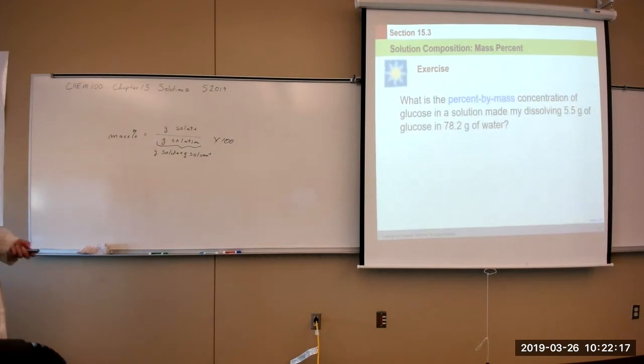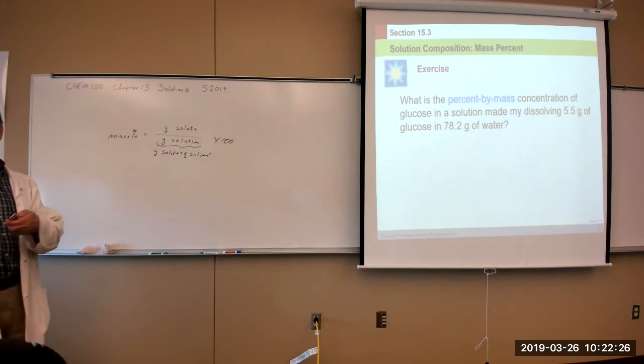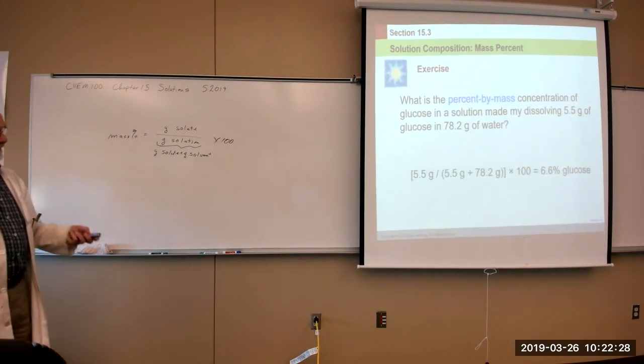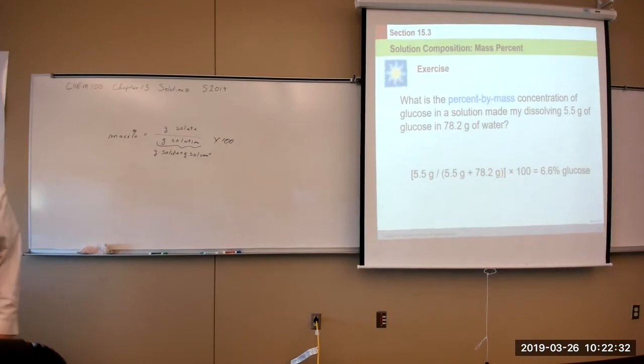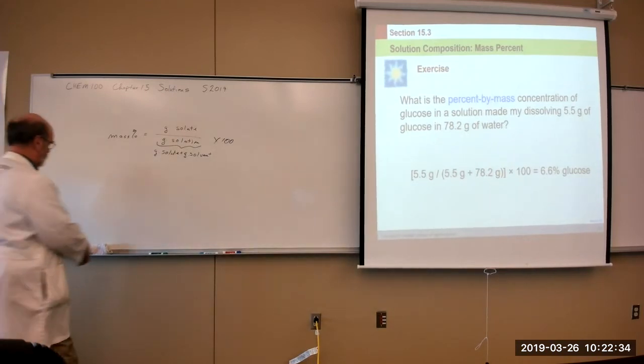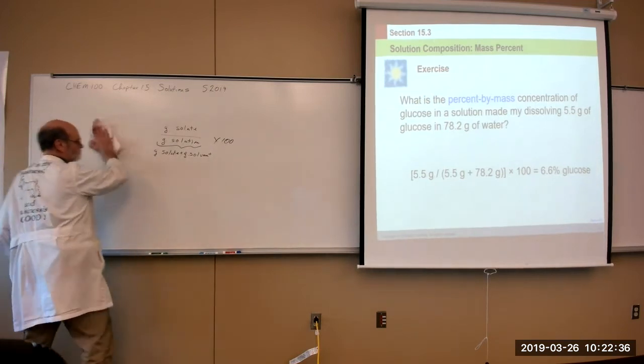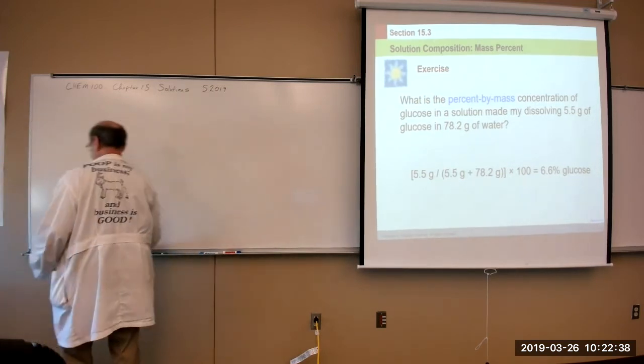For instance, 5.5 grams of glucose and 78.2 grams of water means you have to add 5.5 to 78.2 to get the denominator. That divided by that gives 6.6% by mass.